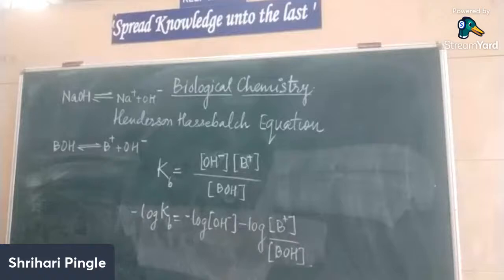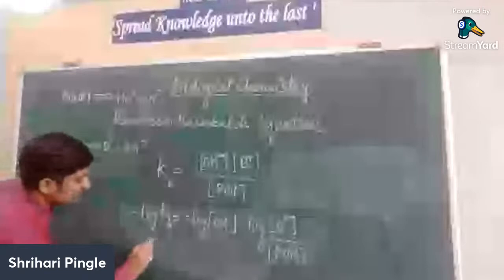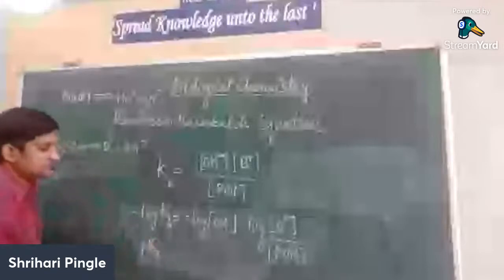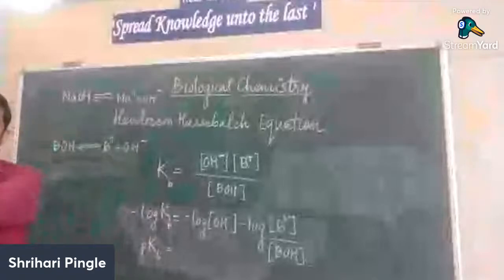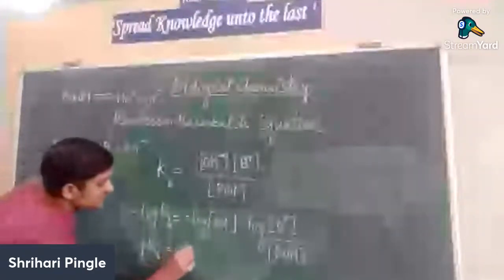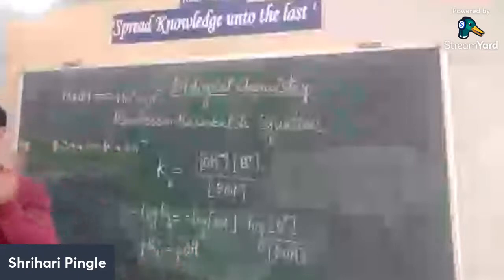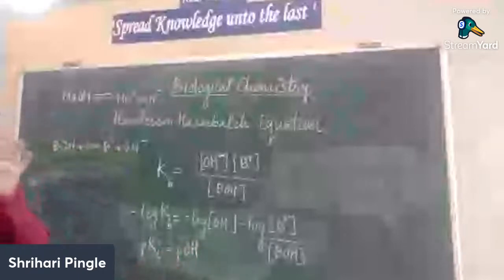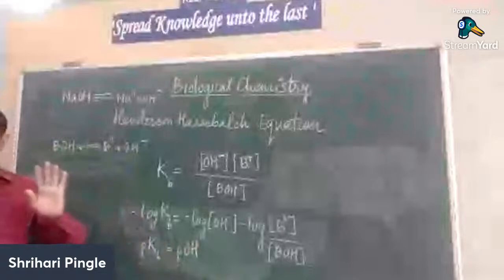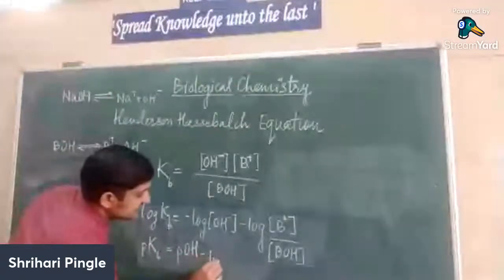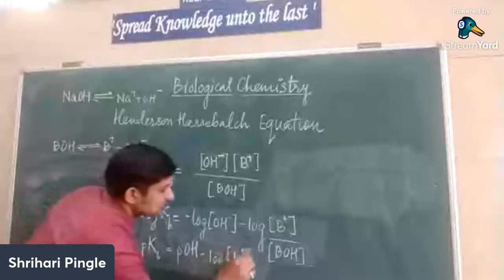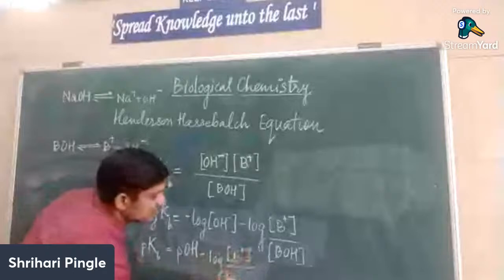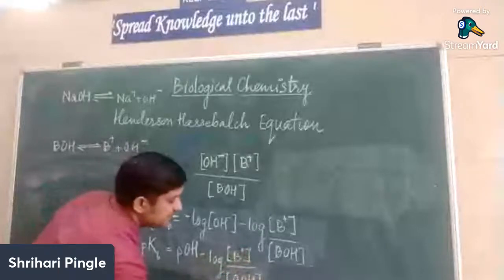And so negative log can be written as P. So you have pKB, and like pH, you have pOH, where you remember that pH plus pOH is equal to 14. So this is pKB minus log of concentration of conjugate acid upon corresponding base.